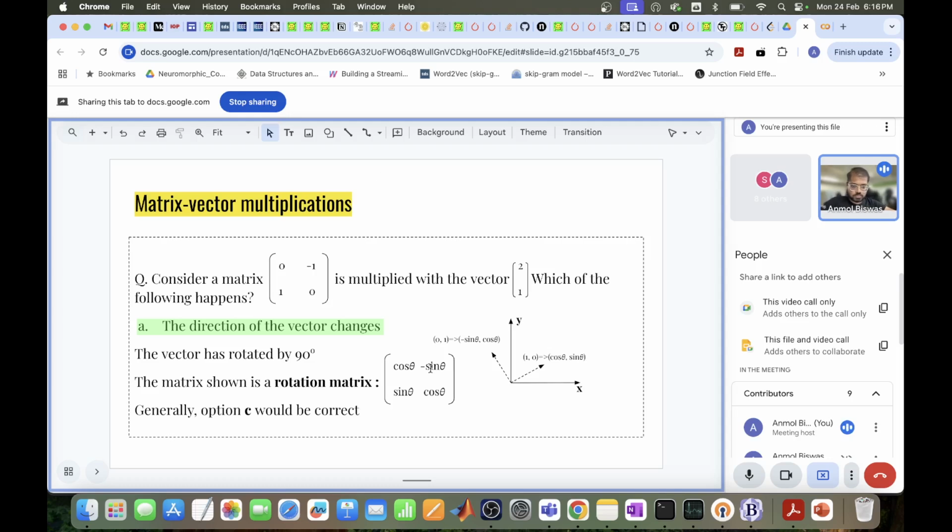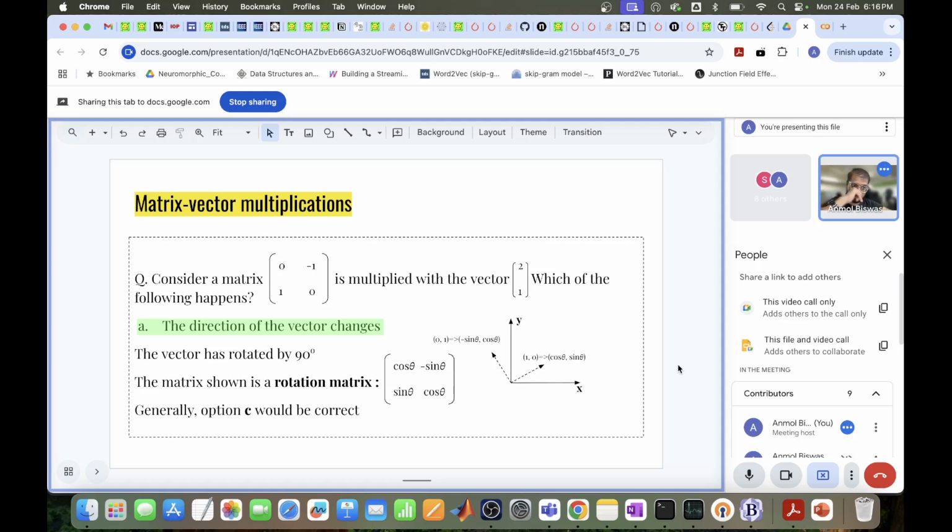Like I said, specifically, if you set theta to be 90 degrees, you get this matrix that we have, right? Cos 90 degrees is 0, sine 90 degrees is 1, right? So it's 0, 1, minus 1, 0. That's how you know that this is rotating vectors by 90 degrees in the counterclockwise direction, right?